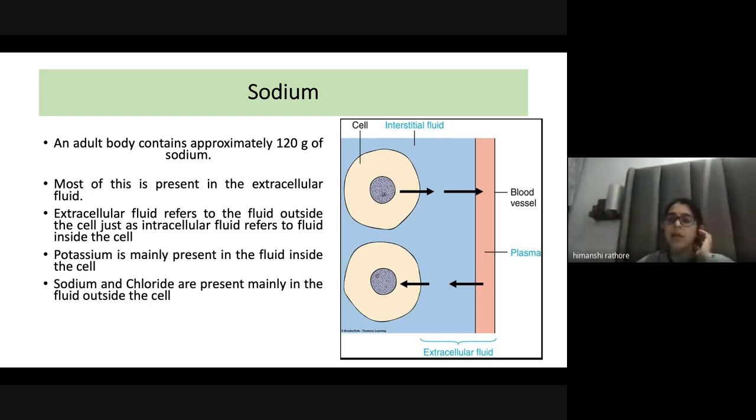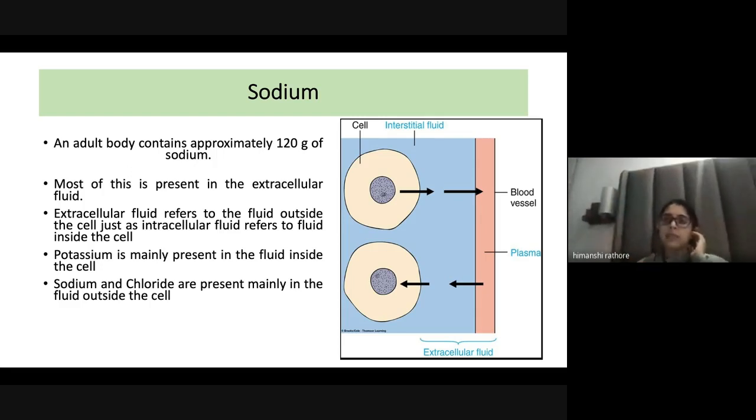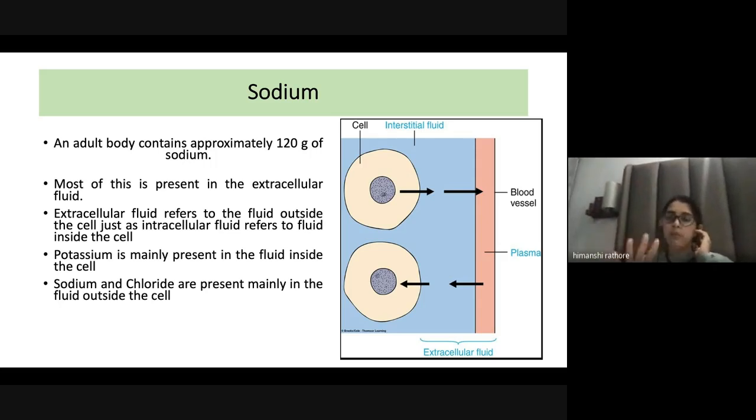Then outside the cell, I have shown that there is an extracellular fluid because it is present outside the cell. As the name suggests, it is an extracellular fluid, and sodium is present in the extracellular fluid.